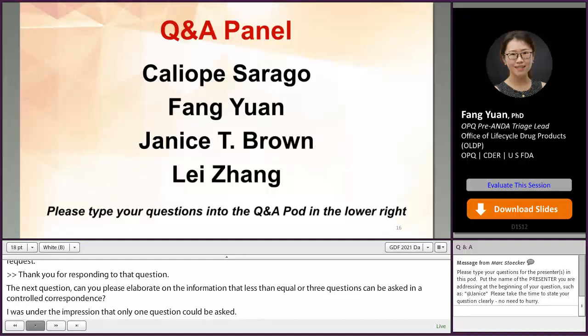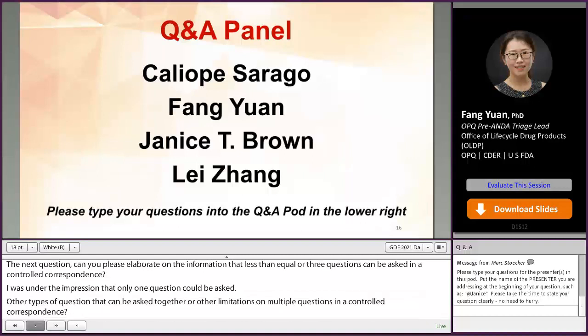So actually, in the guidance for controlled correspondence related to generic drug development guidance for industry, there's more detail about the number of questions that could be asked.